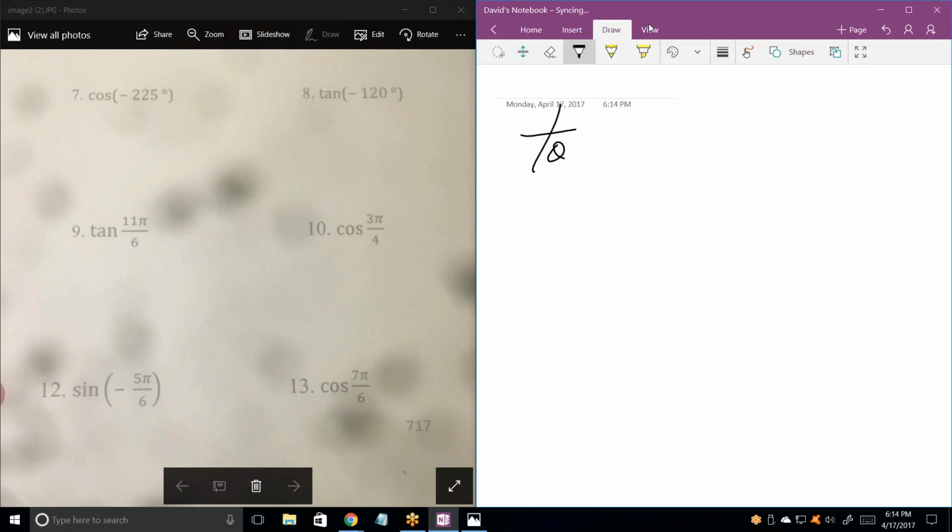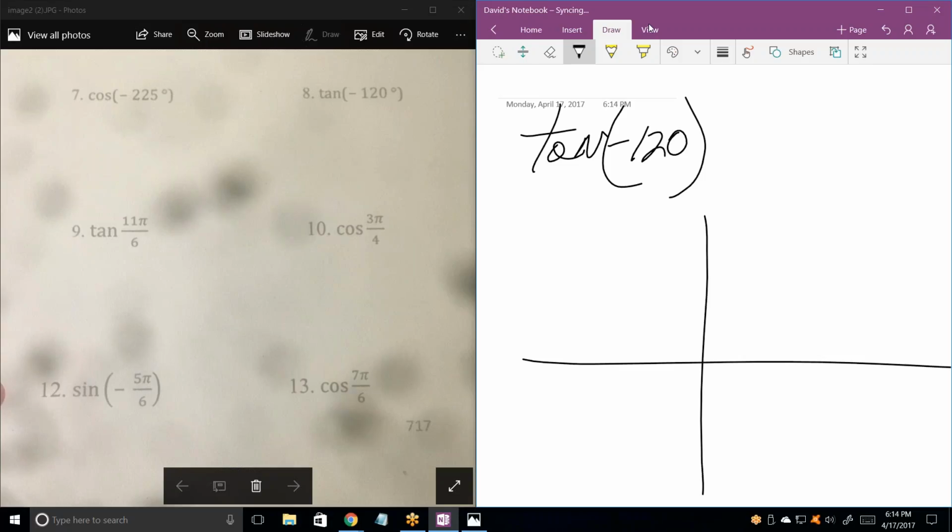Now, tangent of minus 120. What quadrant is that in? That's going to be 3, because it doesn't fully go 180. In other words, it's minus 120. So what's the reference angle? 60 degrees.